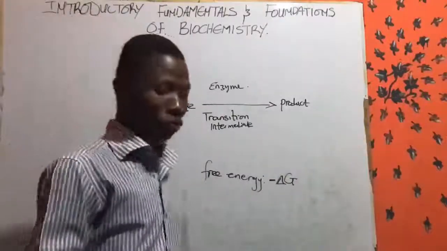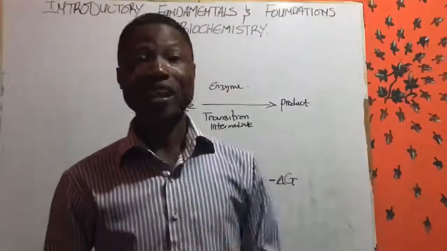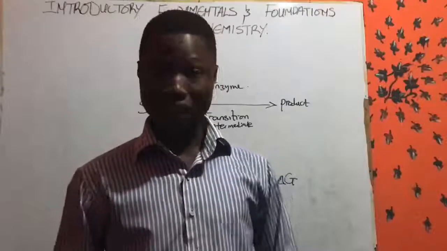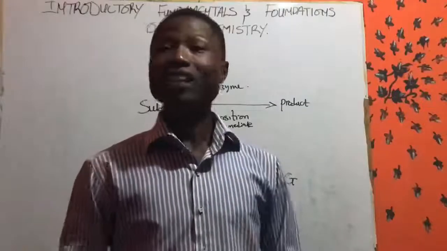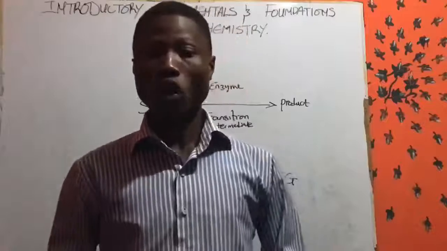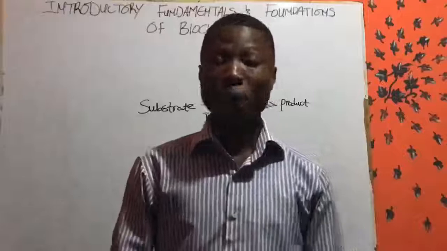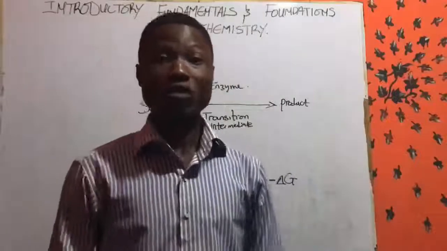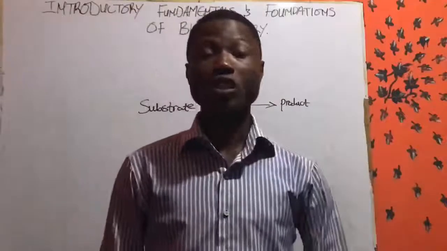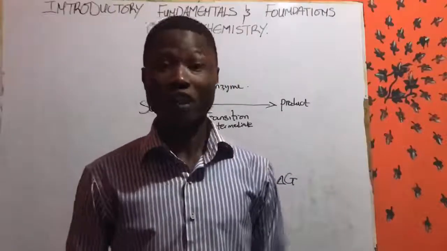All right, so let's look at a few things about the nature of enzymes. Like I said, enzymes are organic. That's basic. They are catalysts. Another thing is that more often than not, enzymes are proteinous in nature. Although there are exceptions, it is not every time that our enzyme turns out to be protein. We have seen in cases, such as you are going to see in your ribosomes, where enzymes are RNA.